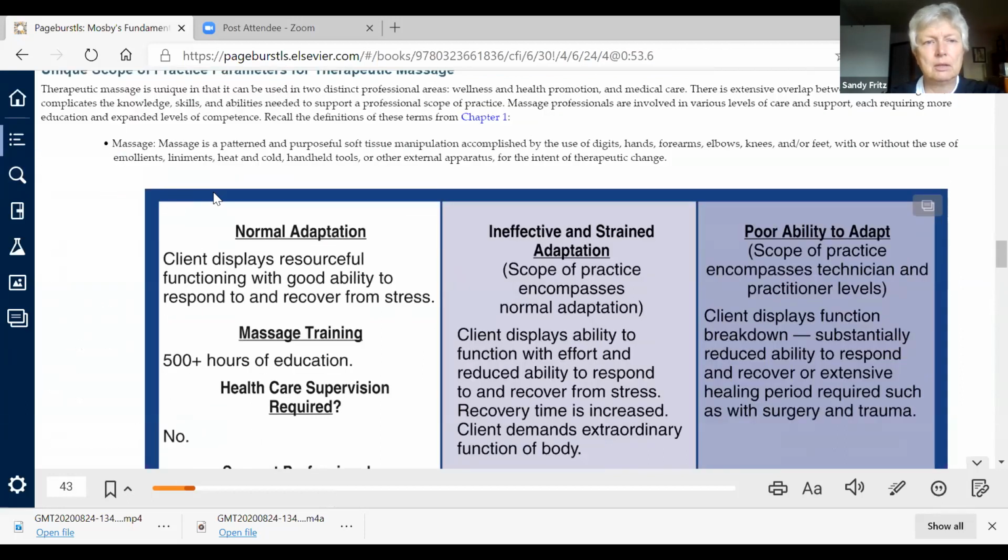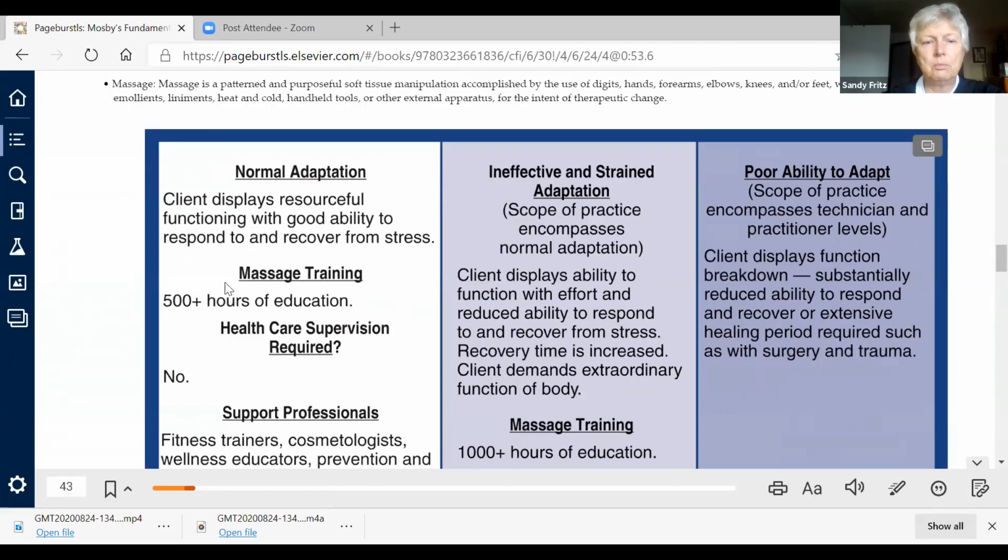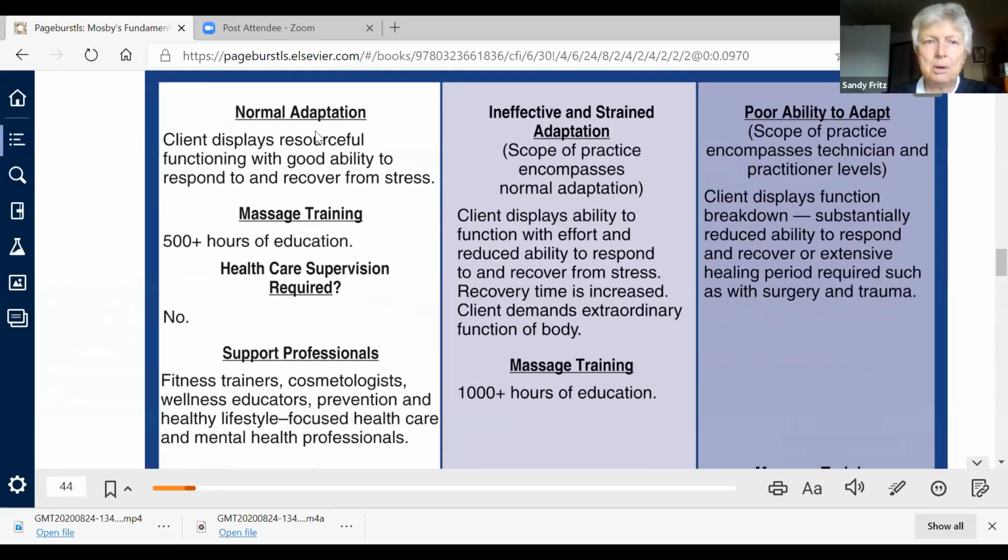This whole outline right here. But when you graduate from your massage program, you're probably most competent working in this part of the scope of practice. You're working with people that are generally functioning good and focusing on maintaining that. And this is that vocationally based training of 500 to 750 hours in there. And I'm very supportive of this.